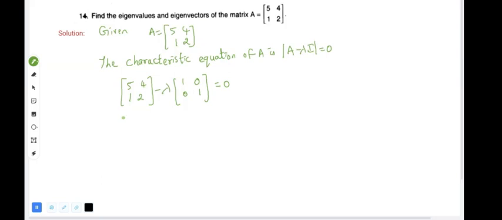So now we write it in the determinant form, that will be [5 4; 1 2] minus lambda multiplied inside, we get [lambda 0; 0 lambda].